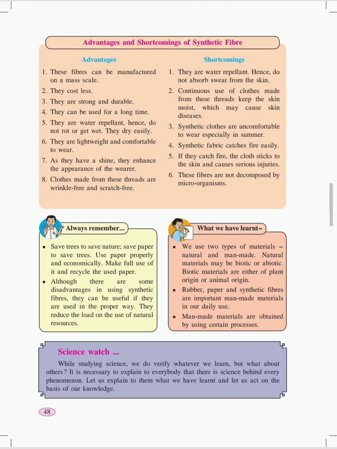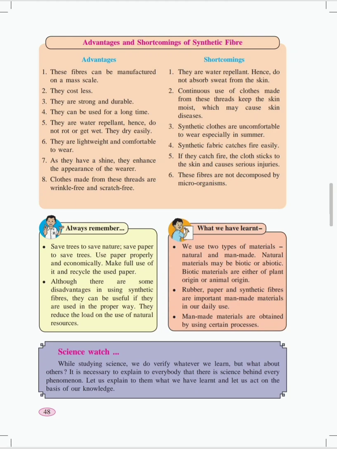They can last for a longer duration. They can be used for a long time. They are water repellent, hence do not rot or get wet. They dry easily. Water repellent means the cloth absorbs the water but still doesn't get spoiled. It gets dried easily. They are lightweight and comfortable to wear.